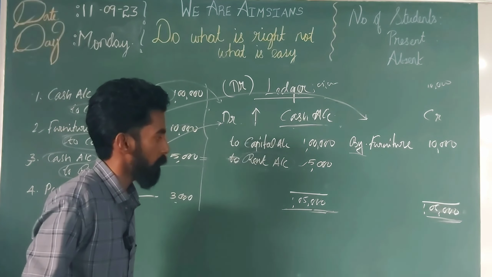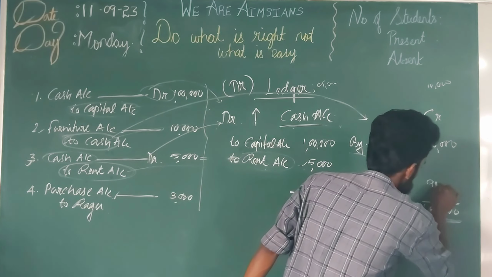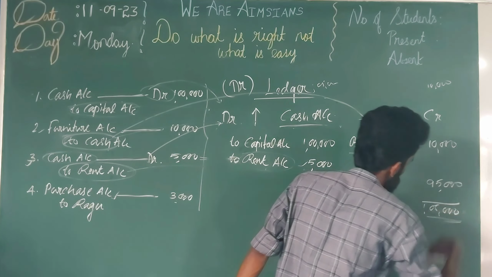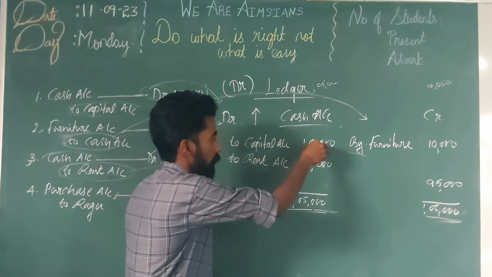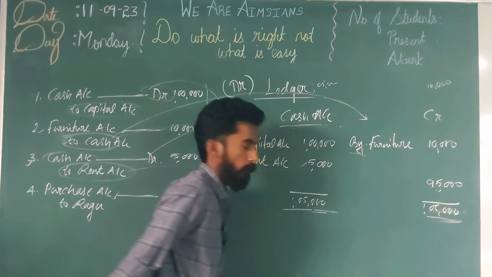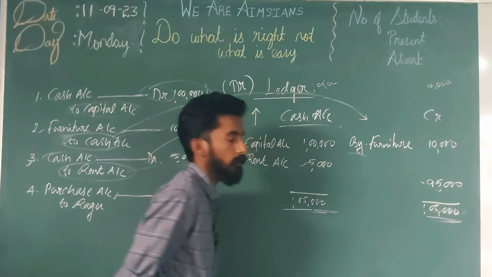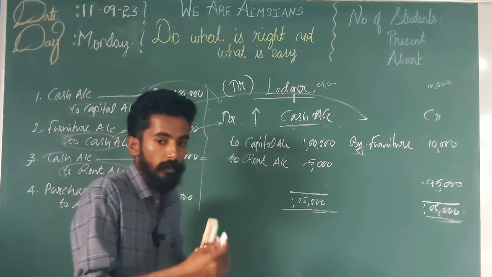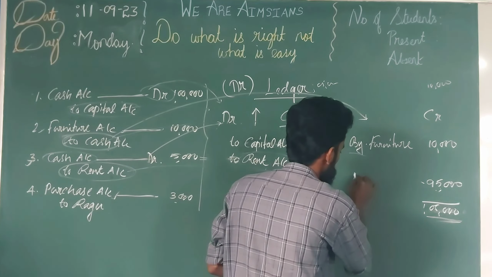The balance will be 95,000. Now both the column totals are coming equal. You see here, 1 lakh plus 5,000 is 1,05,000, and 95 plus 10 is 1,05,000. So what we need to write here instead of this 95,000? This 95,000 is called the balance.